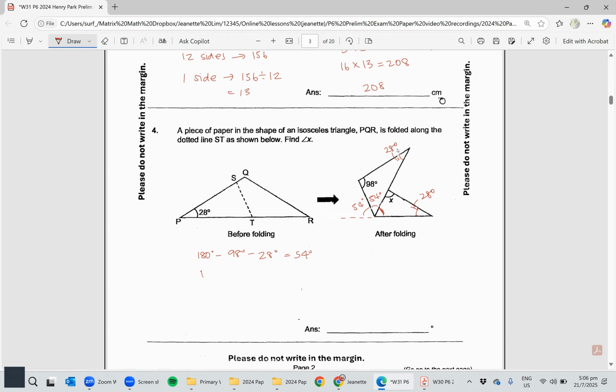So 180 minus 54 minus 54. That's 72 degrees. So now I can find angle X. Sum of angles in a triangle is 180 minus 72 minus 28. Answer 80 degrees.